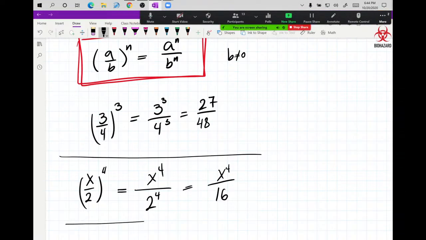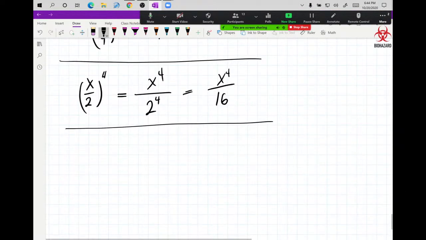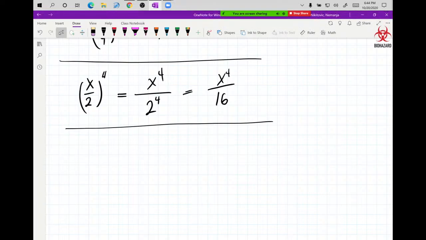Okay, let's take a look at the next problem. Now all of these are obviously directly from the book. Some of them are sneaky too.